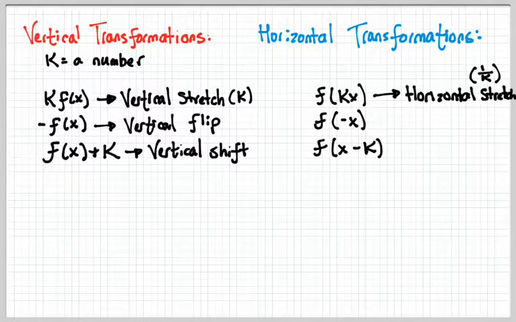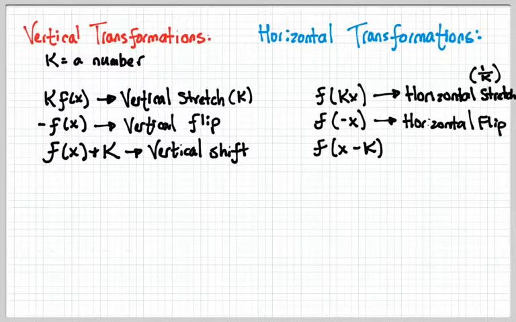It ends up compressing it versus stretching it. And the same way, if your k was 1/2, you're actually going to stretch that by 2 over 1. Now the second one here is a horizontal flip. And then the last one is a horizontal shift.